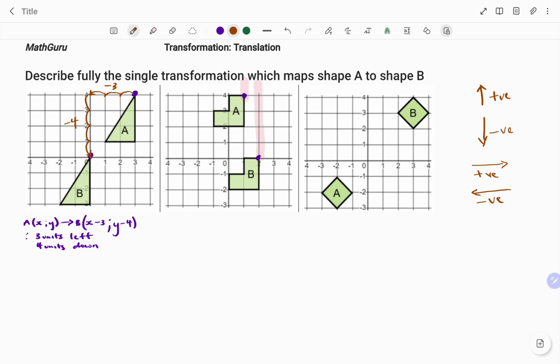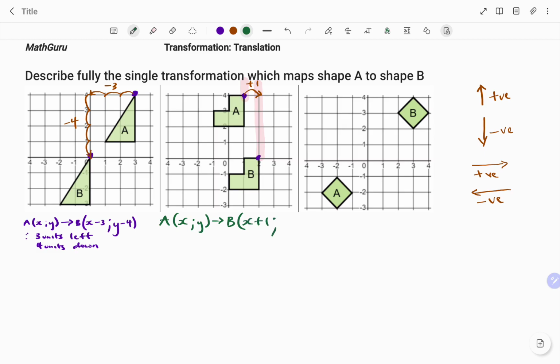I've moved how many units? I did one jump, that's 1 unit, and because I'm moving towards the right, that's a +1. So if I'm going to write that, it's going to be A from x, y translated to B. X has moved 1 unit to the right, so that's x plus 1.